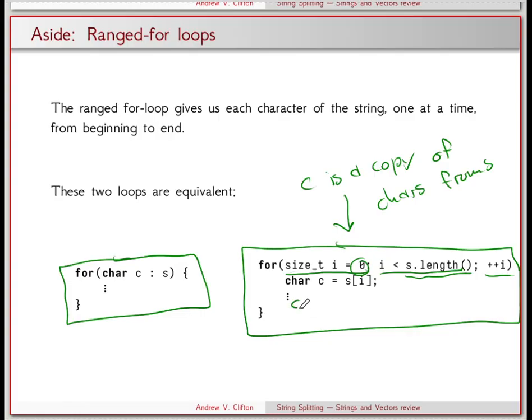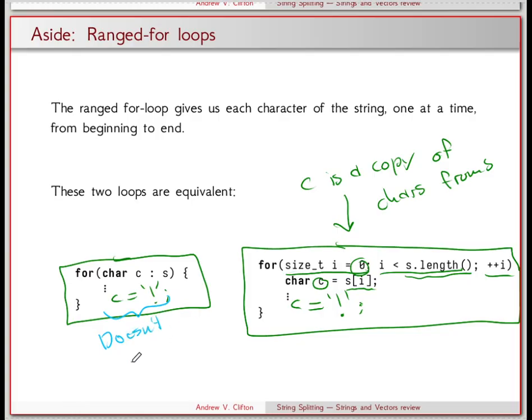So if in here I tried to do something like c equals a different character, that's not going to affect the characters in the original string, because c is a copy of the characters in the original string. The same thing is true over here. If I rewrite all the characters in the string with exclamation marks or something like that, that doesn't actually change any of the characters in the string s.